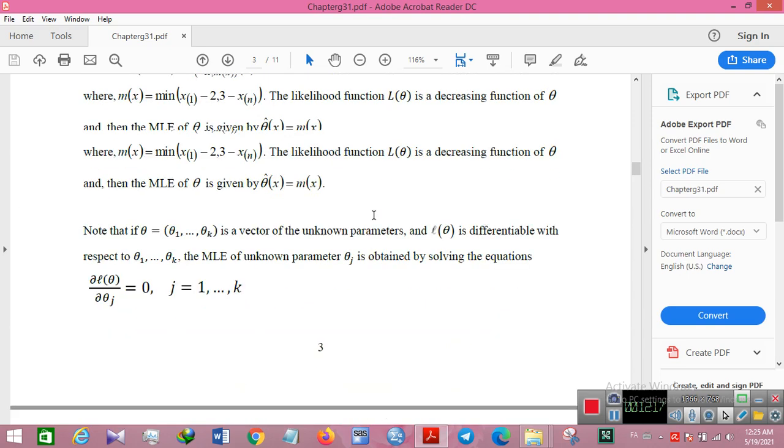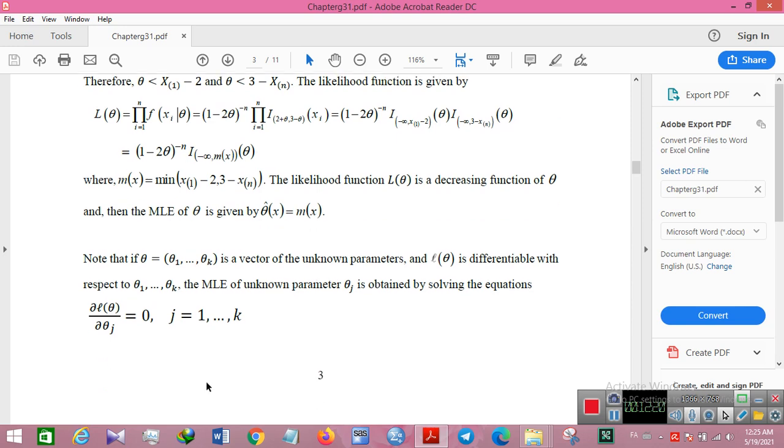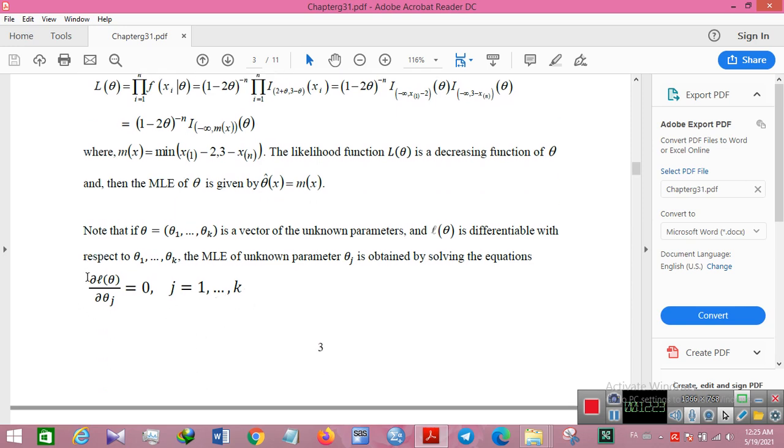We have to solve these derivative equations to find the MLE of theta j, but if they aren't simple mathematically, we have some difficulty. We need to use some software to find the maximum likelihood estimator.